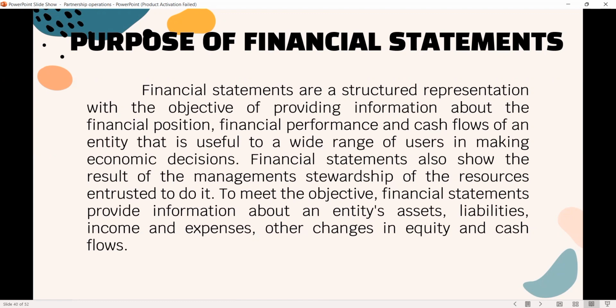For example, di ba sa financial position or balance sheet, mayroong nakalagay yung assets, liabilities, and owner's equity. It is to provide information which is reliable and relevant for them na hindi magkaroon ng misinformation which is magagamit in the next events.